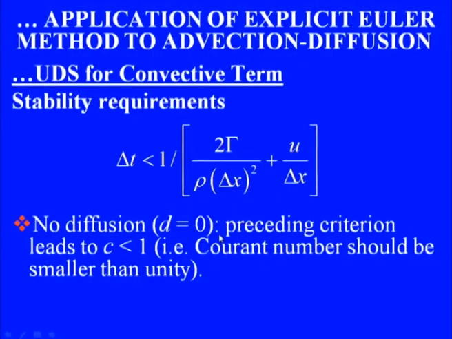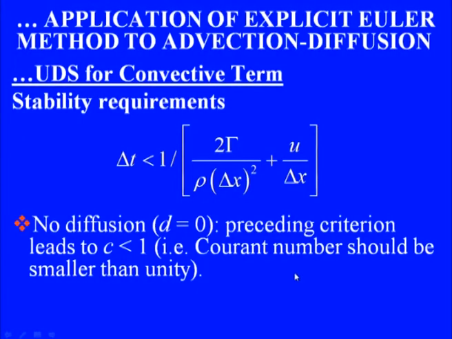And we can easily see that if there is no diffusion, d is equal to 0, then this particular criterion would lead us to what we call the Courant number should be less than 1. Because this first term becomes 0, we straightaway get this particular restriction.